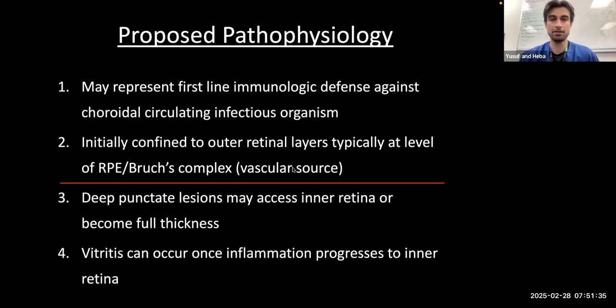But if the deep punctate lesions gain access to the inner retina or become full thickness, then vitritis can occur. So there's maybe a thought and hypothesis that individuals with PORT toxo, their immune system is a bit better able to control the inflammation. And that may be why we see this typically in younger individuals as opposed to older individuals, who may have some relative immunocompromisation.